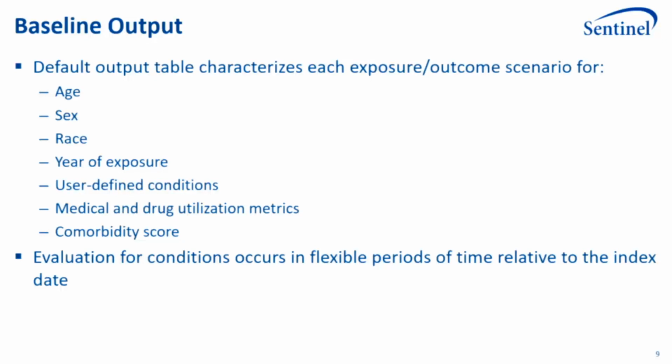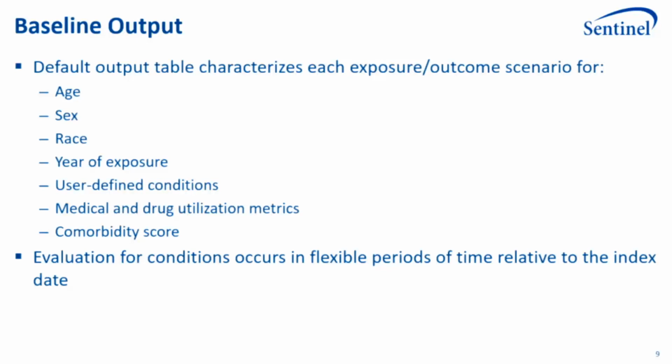The default output for this table is going to give you information on your cohort of interest by age, sex, race, year of exposure, so that's your index exposure, any user-defined conditions that you may have specified, medical and drug utilization metrics. So the slide that you'll see on this actually doesn't show you those metrics, but I'll describe to you what's available. There's also a comorbidity score.